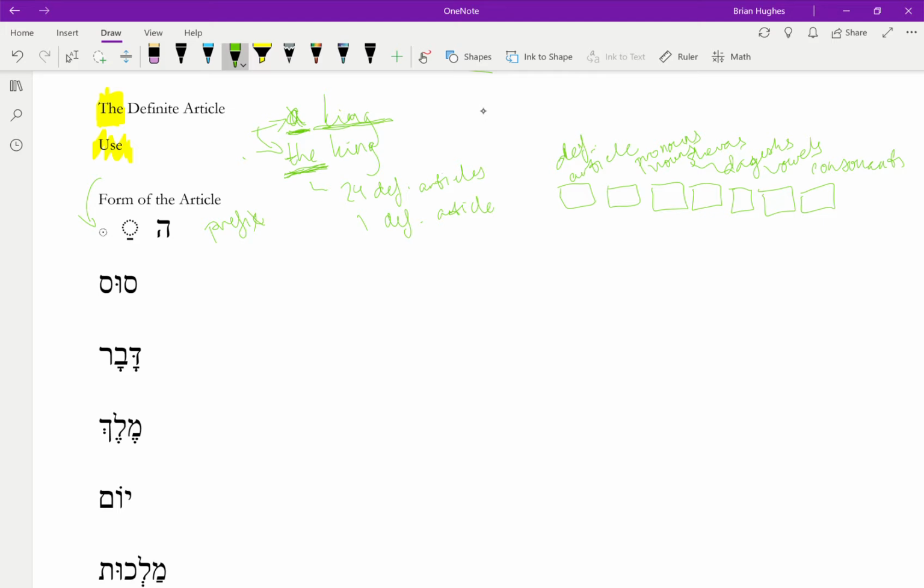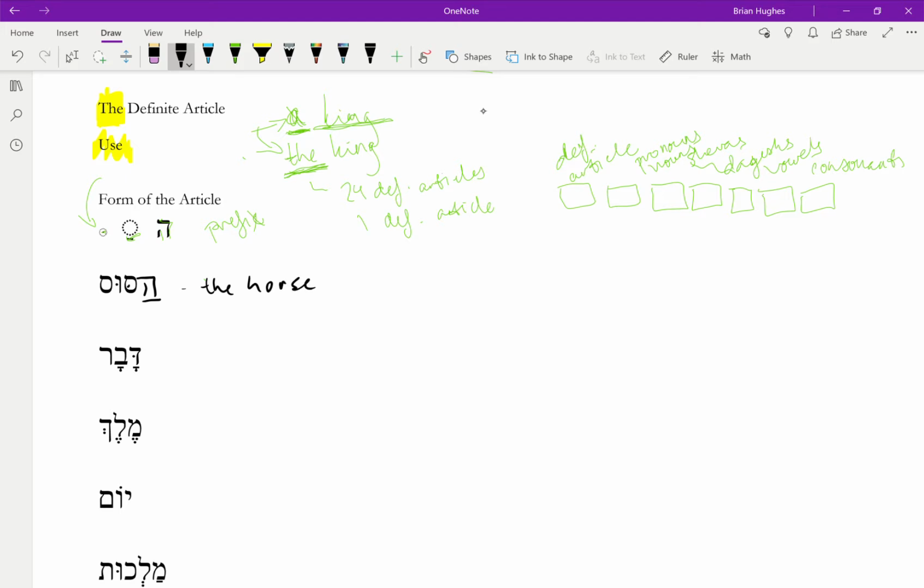It's this little particle that's added to the front of a word, and it consists of three parts: a hey, a patach under the hey, and then a strong dagesh in the first consonant of the word. So here we have the word sus, which means horse. But if I add these elements of the definite article, hey, patach, strong dagesh, then it changes from a horse to the horse.